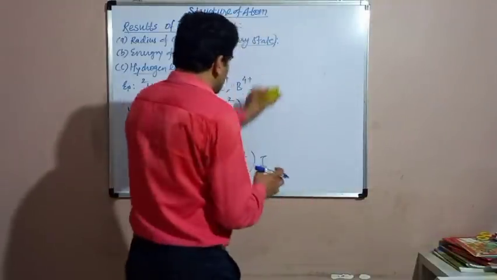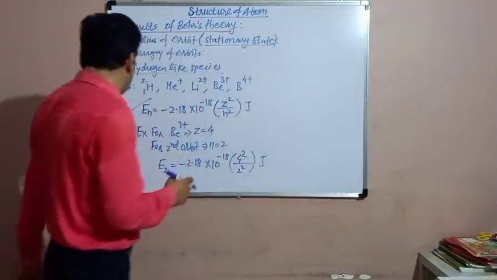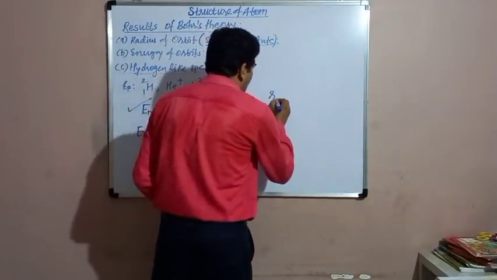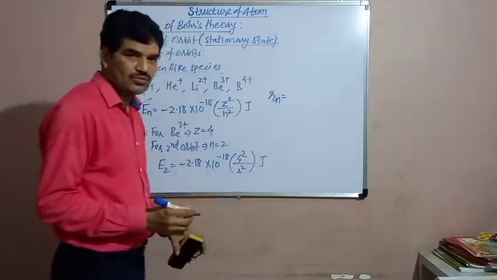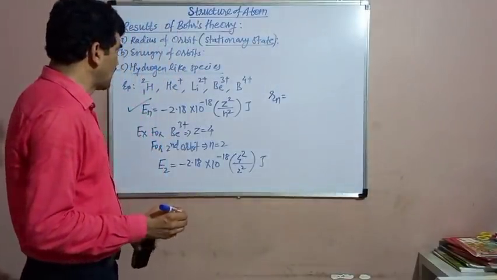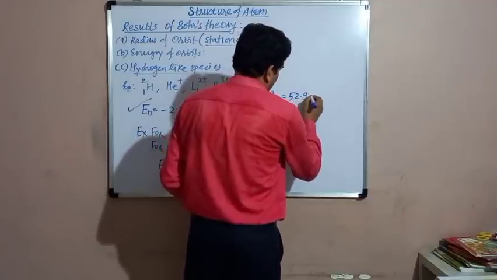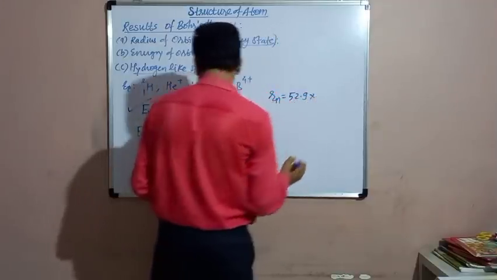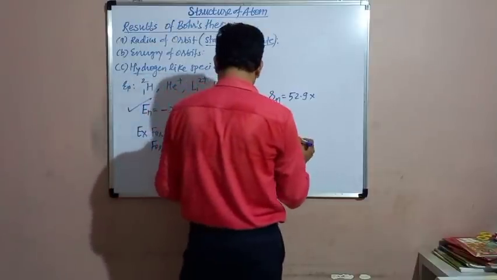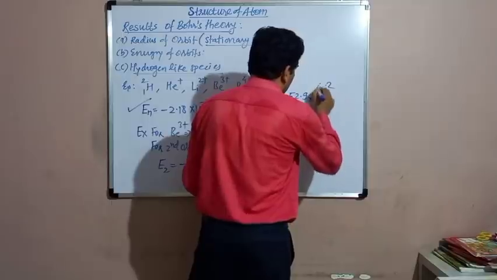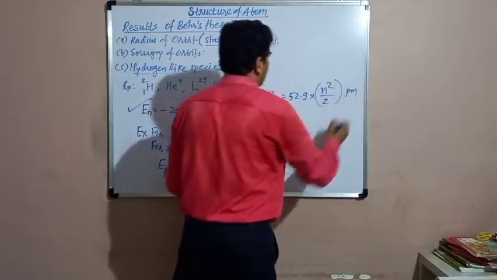Similarly, the radius of any orbit in the hydrogen-like species is given by the formula Rn equal to 52.9 into n square by Z picometer.